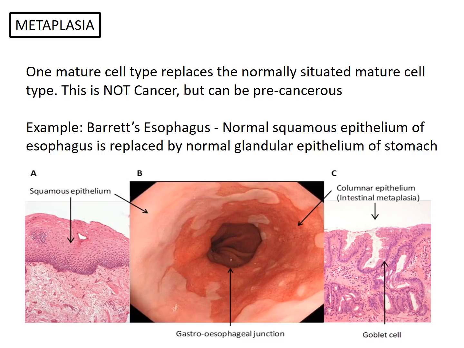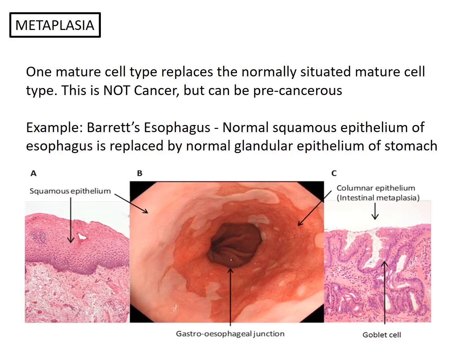A nice example of metaplasia is something called Barrett's esophagus. Our esophagus is typically lined by squamous epithelium. If that squamous epithelium starts to be replaced by glandular epithelium of the stomach, that area is referred to as Barrett's esophagus. When we get into the GI unit, we'll talk more about exactly what Barrett's esophagus is.